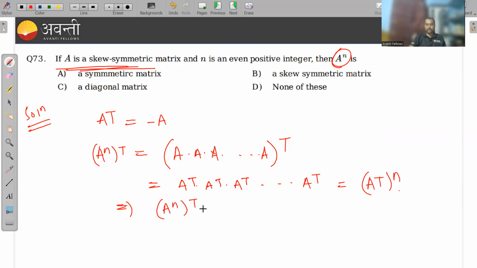So we are finally getting transpose of A to the power n is equal to A transpose to the power n. Right? So it is a symmetric matrix.